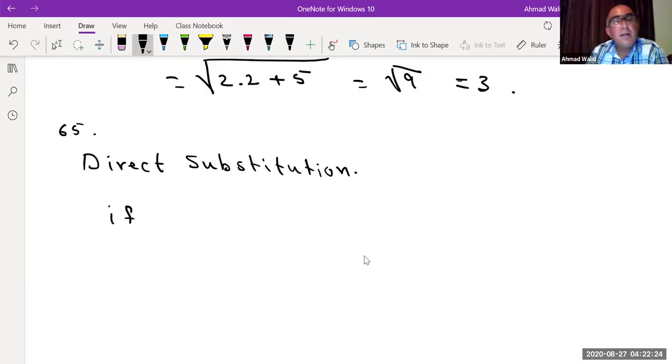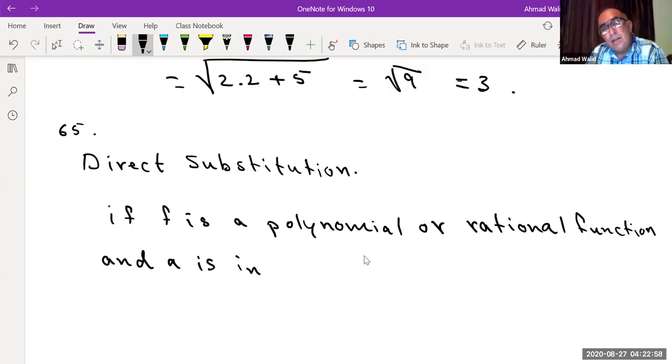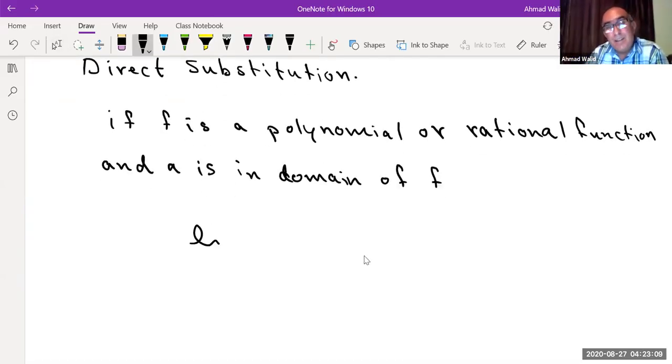If f of x, or f, a function f, is a polynomial or rational function, and a is in the domain of f, then you can write the limit of f of x as x approaching a is actually finding f of a. What does it mean?